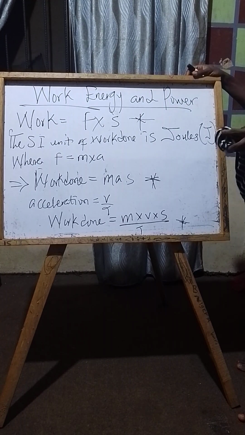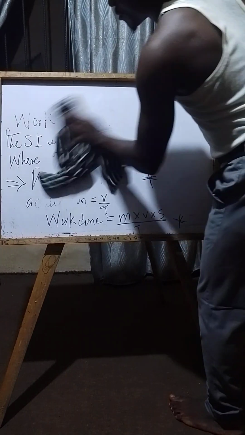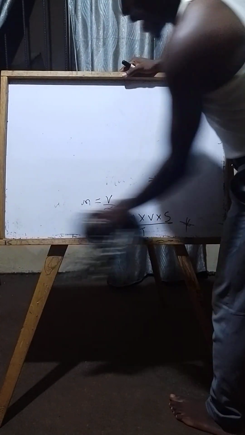You have written all this. Now, you can still be asked questions like this. What is the formula for work done when the force is applied at an angle? It can be applied at an angle to the horizontal or to the vertical.